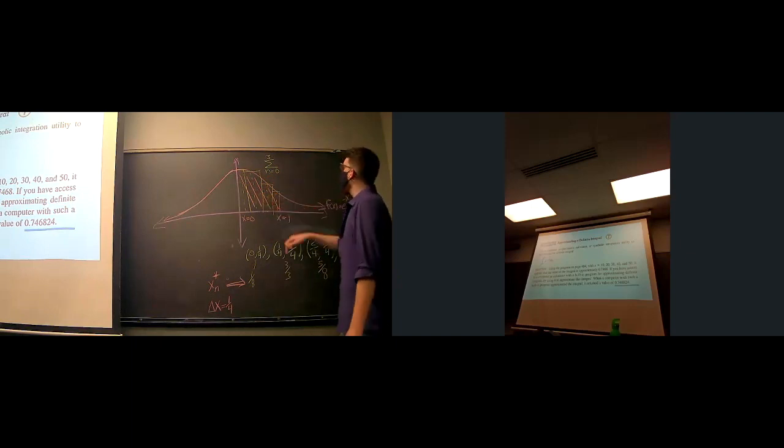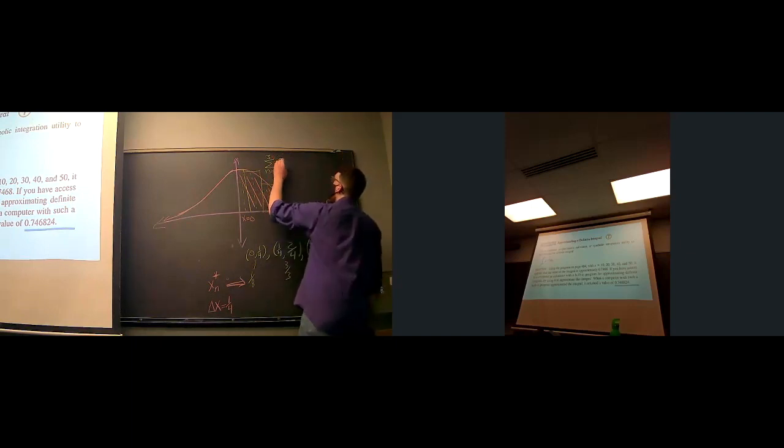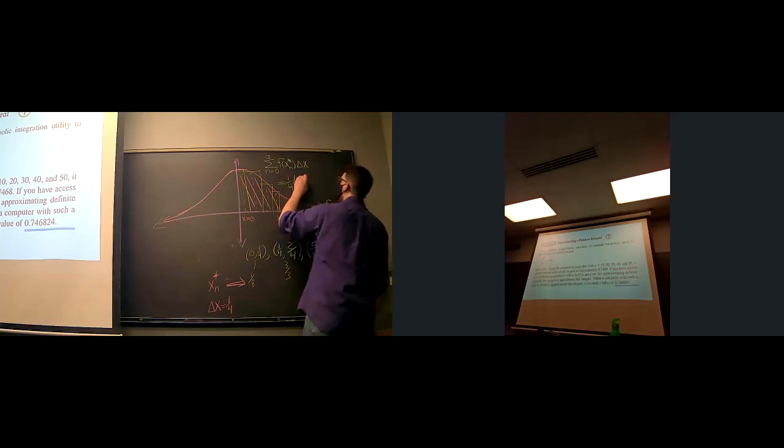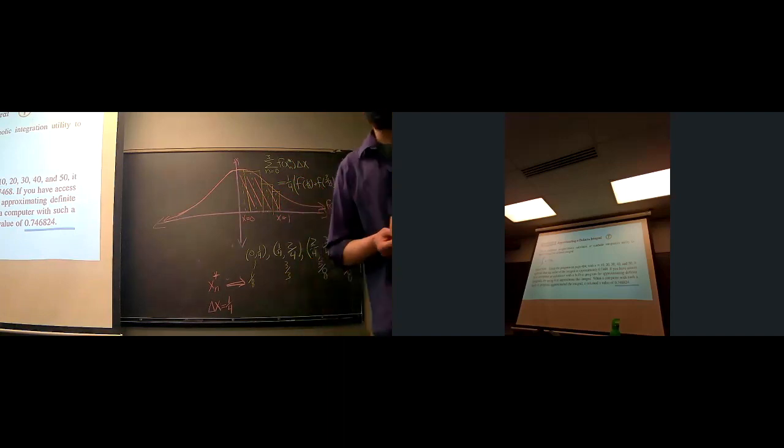So we've got all 4 rectangles here. f of x_n star delta x. This thing is going to be 1/4 times f at 1/8 plus f at 3/8 plus and so on. I don't have enough room, so I'm just leaving it at that. Is everybody cool with this?